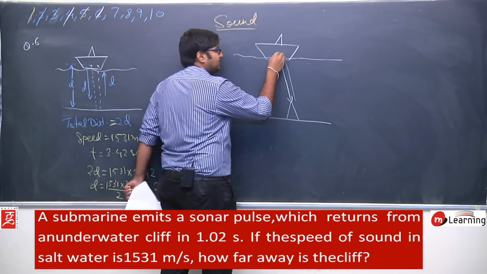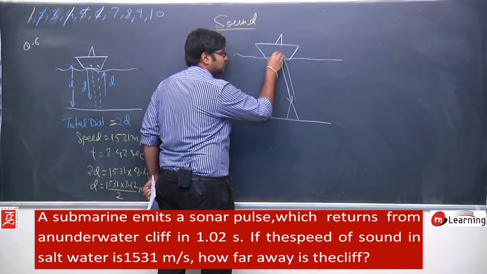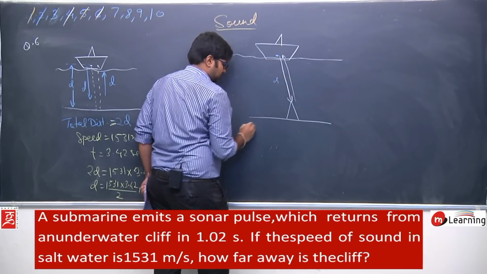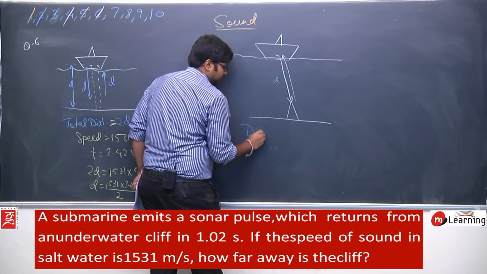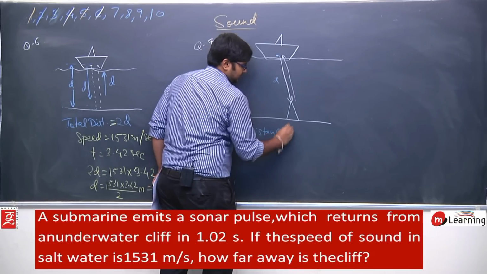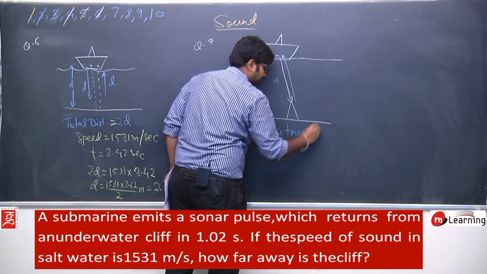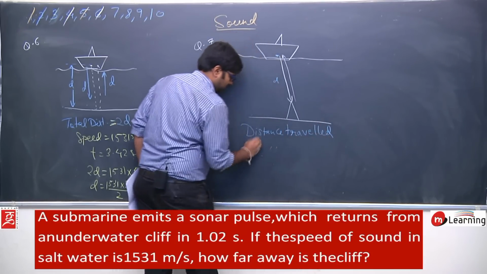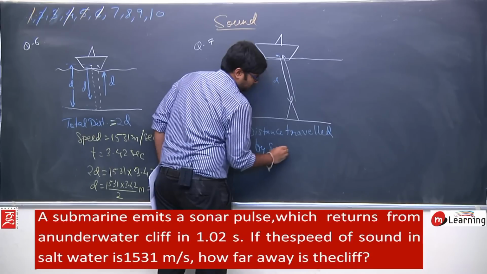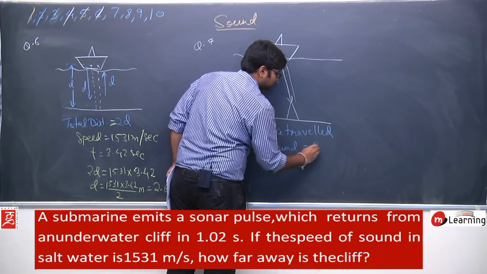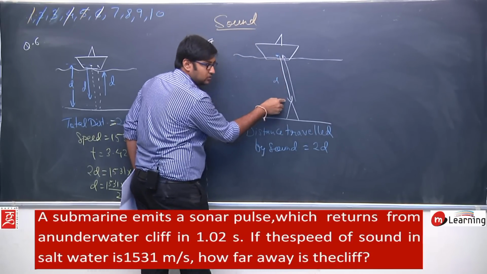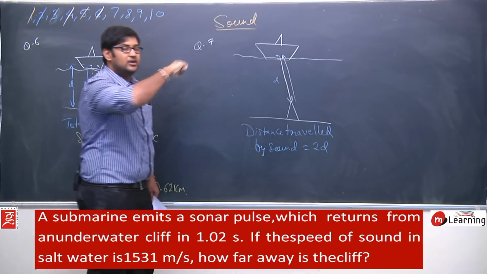If the distance between the sonar and the cliff is d, the distance travelled by sound will be 2 times d, because it will go to the cliff, get reflected and return to the sonar.